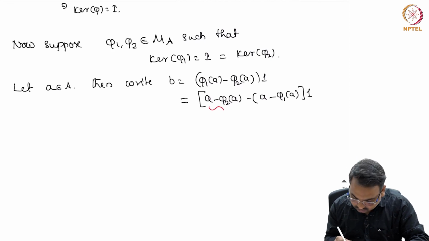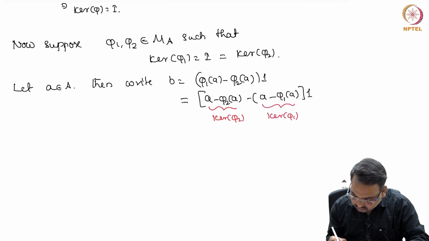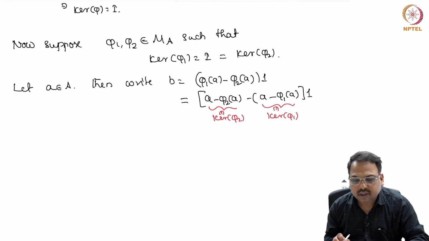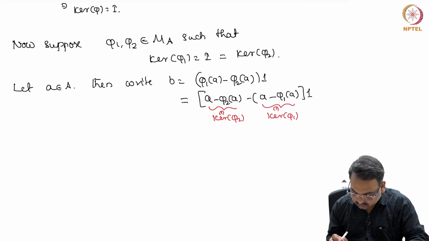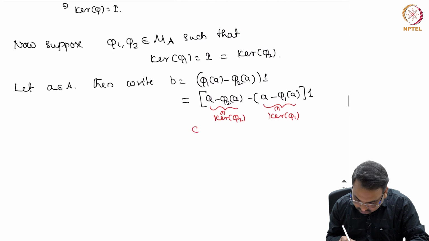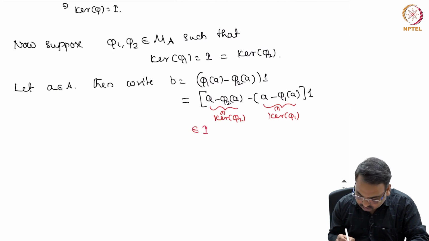Now this element is in kernel phi 2 and this is in kernel phi 1, and kernel phi 1 equals kernel phi 2 equals I. So on the whole we can say that this is an element of I.